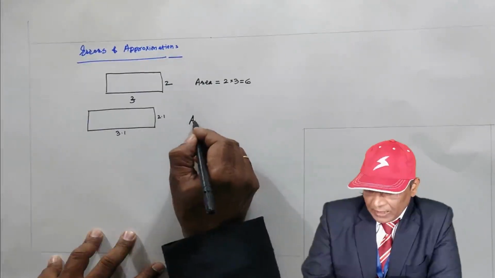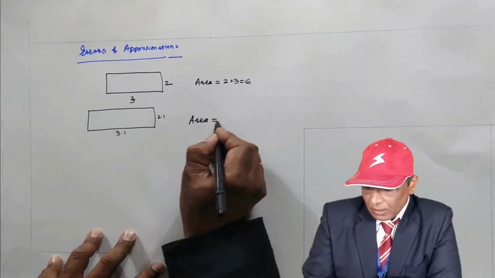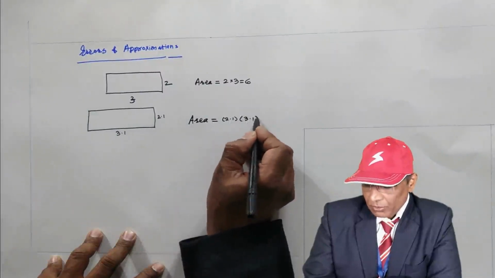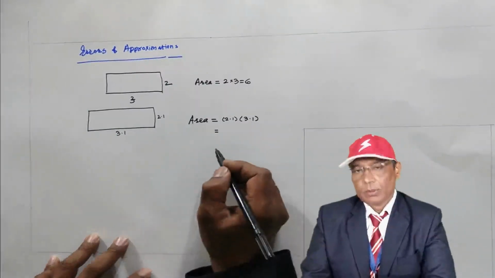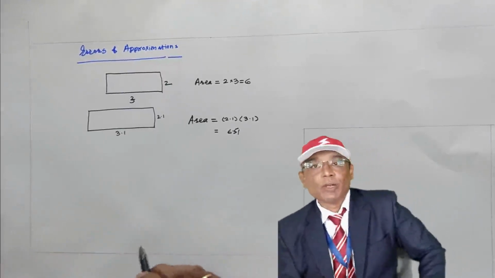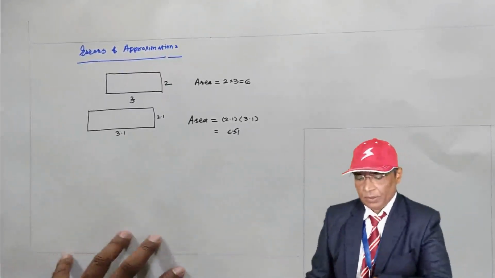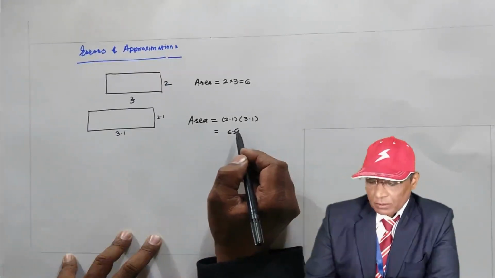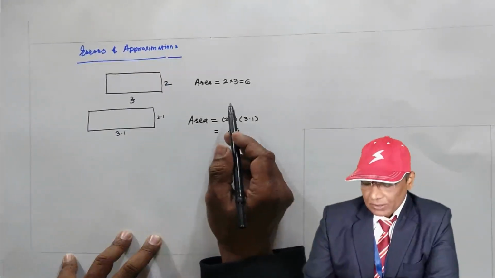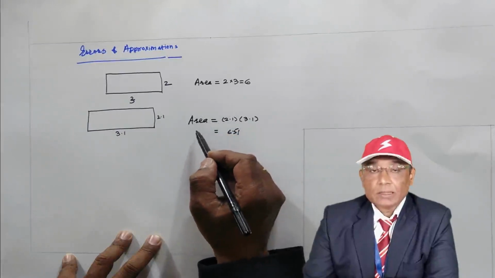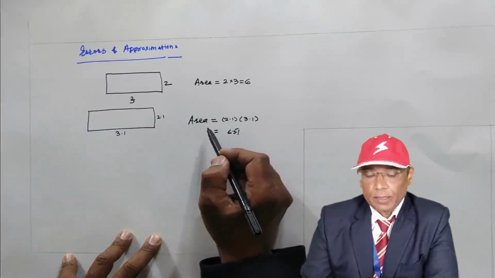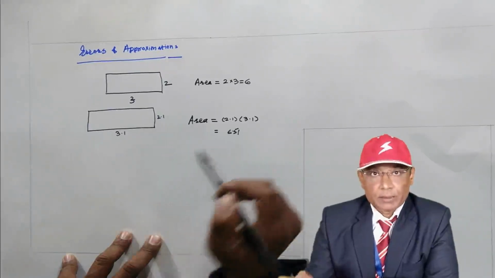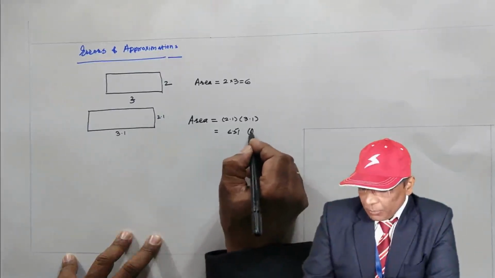Now, what is the area here? It is 2.1 multiplied by 3.1, whatever. Is it 6.5? This is the area now. So in day-to-day language, I am calling this the approximate area, because I have made an error while calculating length and breadth.